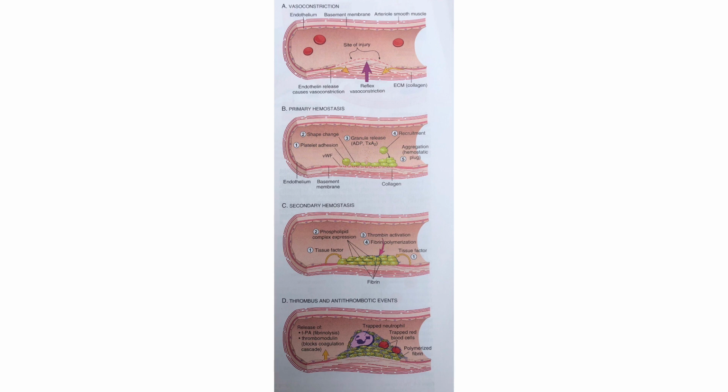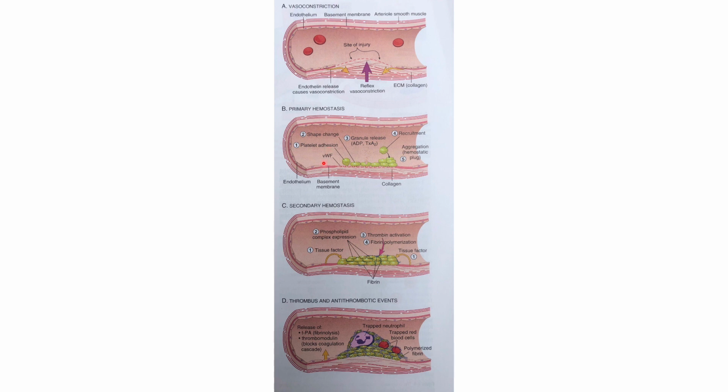So this is a schematic showing endothelium, the basement membrane, the site of injury here with the reflex vasoconstriction. There is the endothelium release that causes vasoconstriction, and you get exposure of collagen in this model.